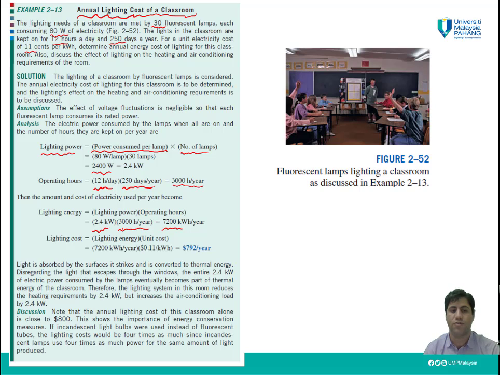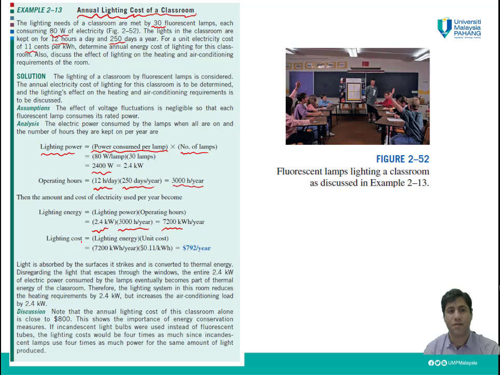We should multiply that by 3000, which we have calculated in the previous step, and it is the duration per year which this power is required. We need 2.4 kilowatt times 3000 hours per year. The result is we need 7200 kilowatt hour energy per year for lighting this class. So this is the required energy.